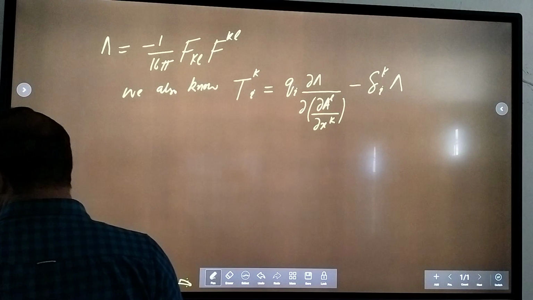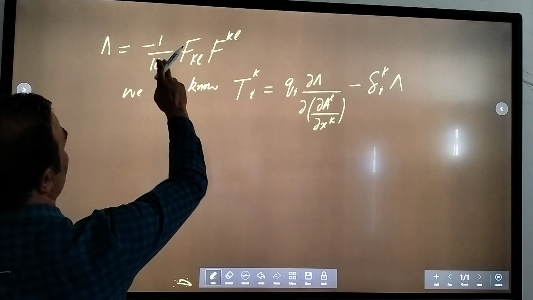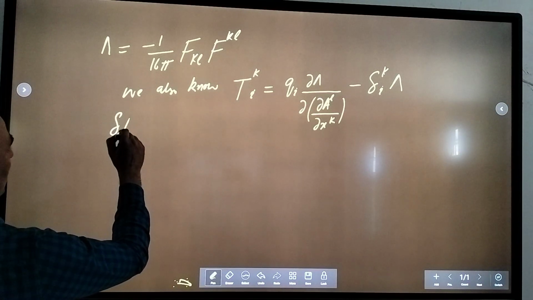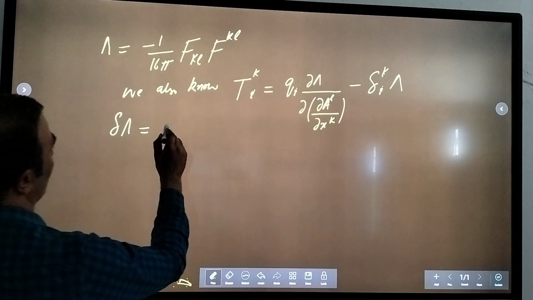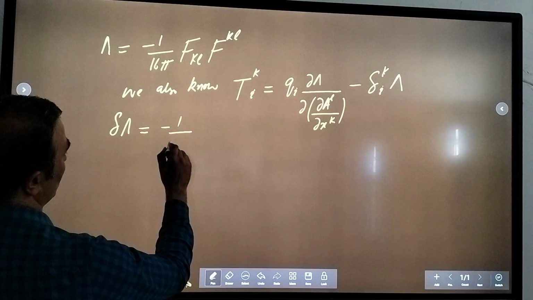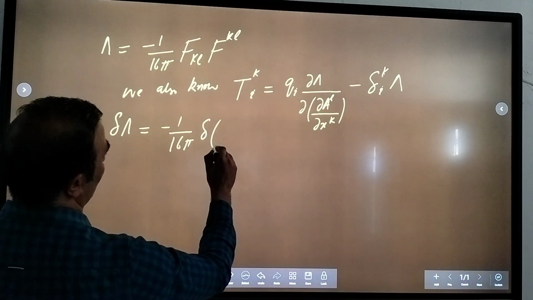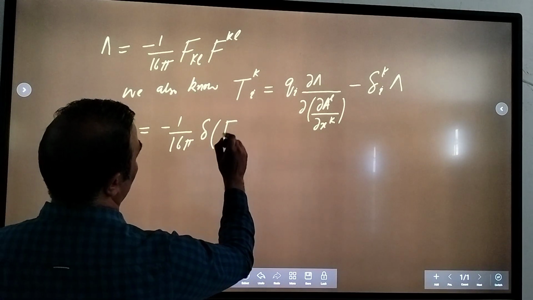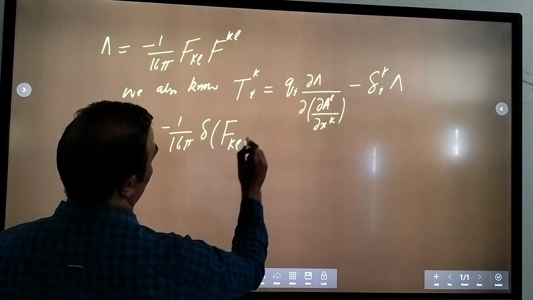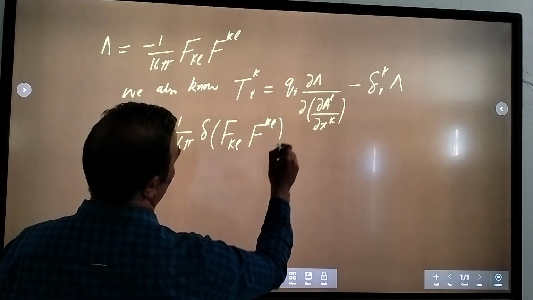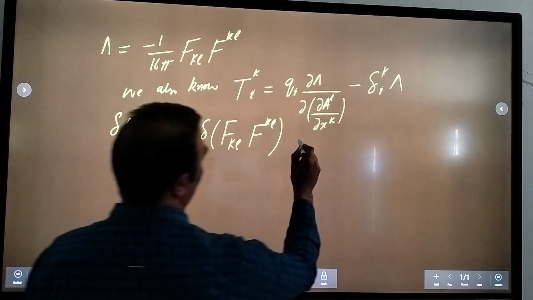Okay, now if you take the variation of this action, what will be delta S? That will be equal to minus 1 by 16 pi delta of the integral.